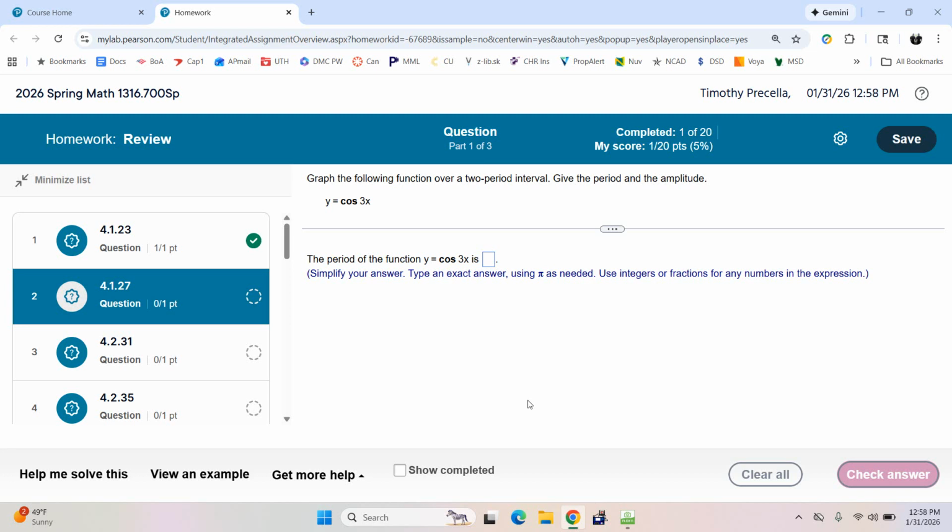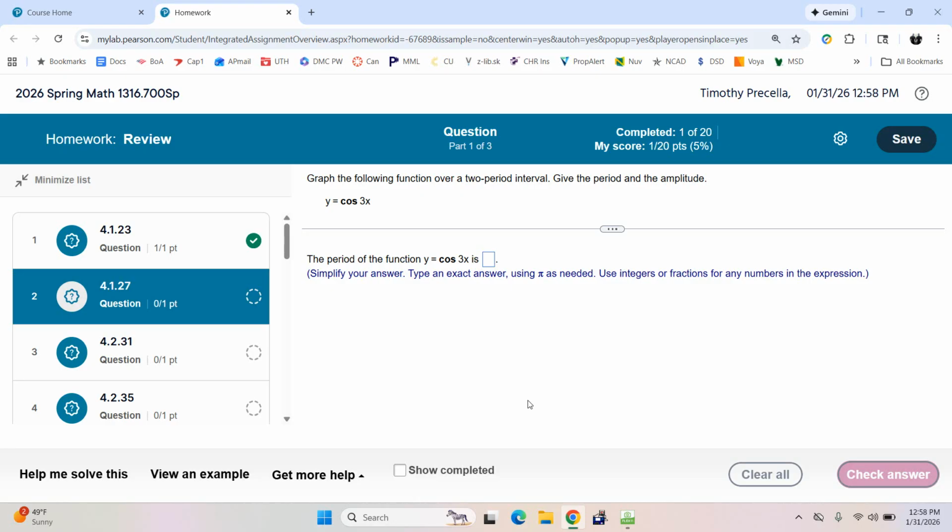Now, let's see, here's another one. Y equals cosine 3x. Let me see. Oh, okay. Problem 2.